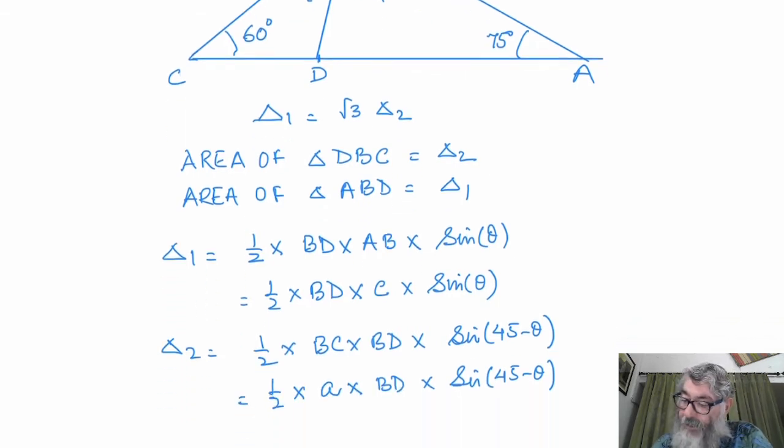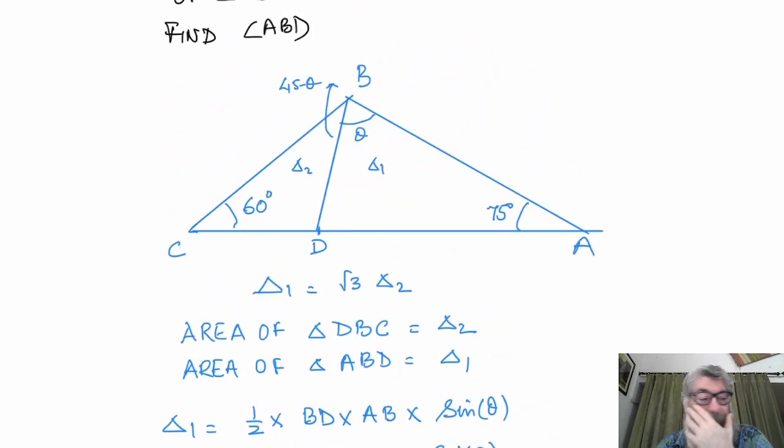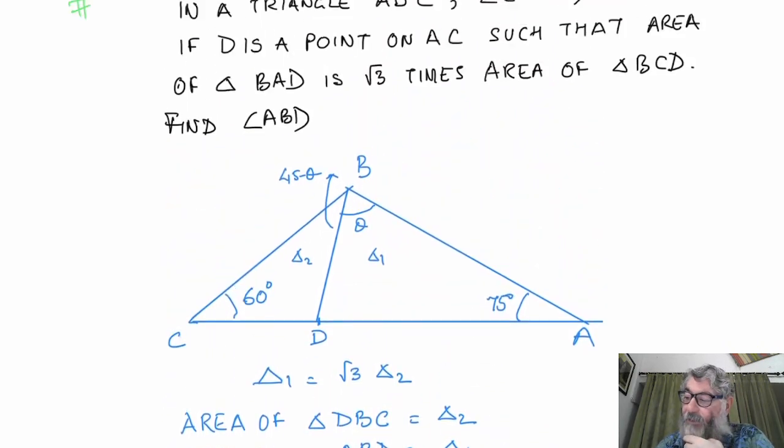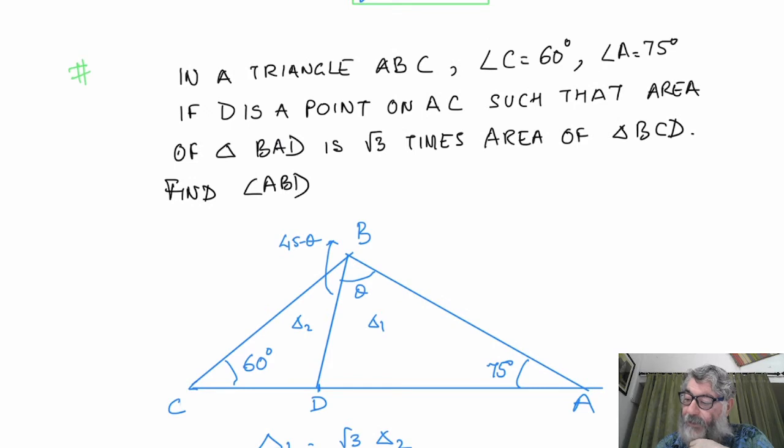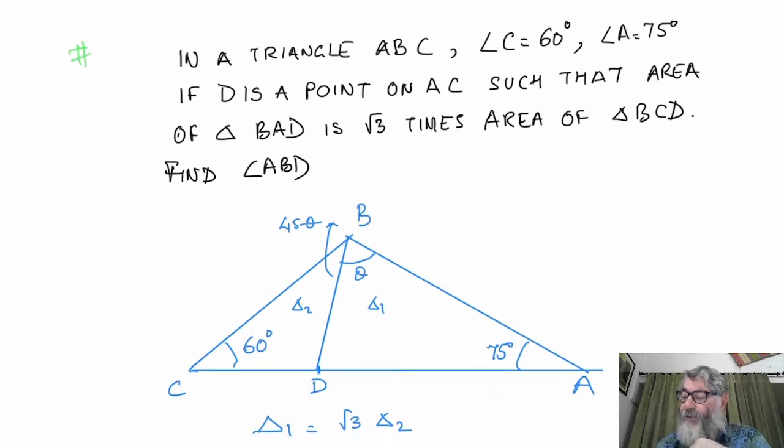As per the question, delta 1 is equal to root 3 delta 2. The area of triangle BAD is root 3 times the area of triangle BCD.